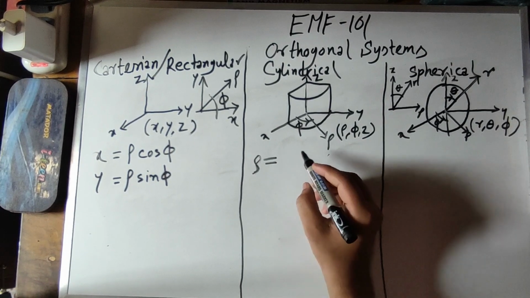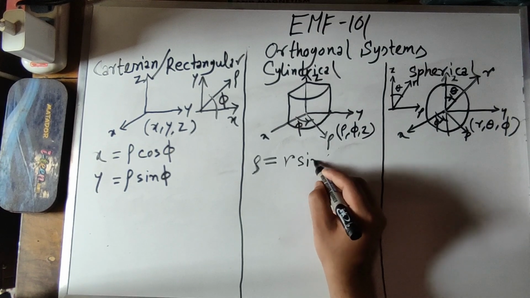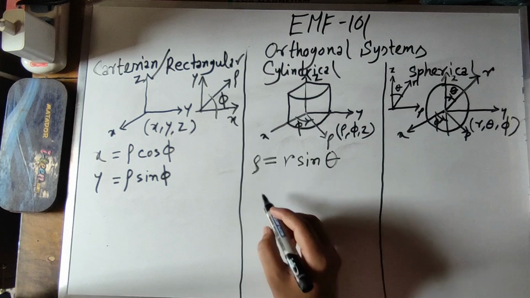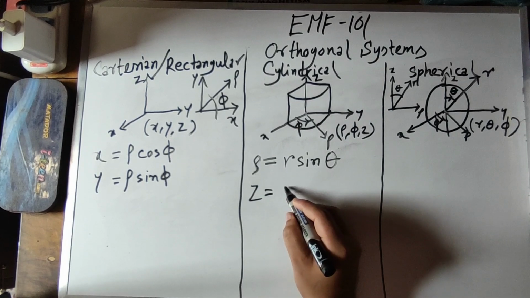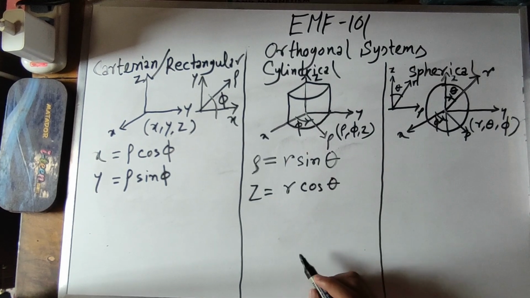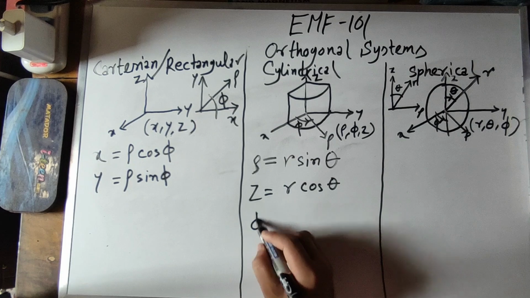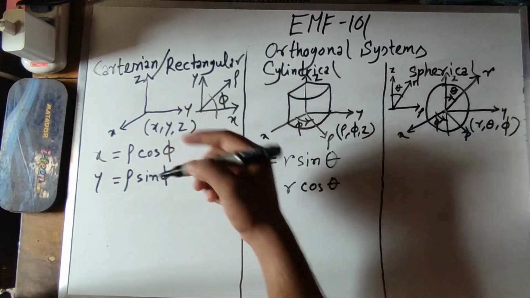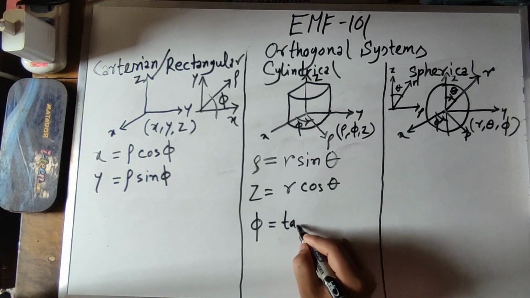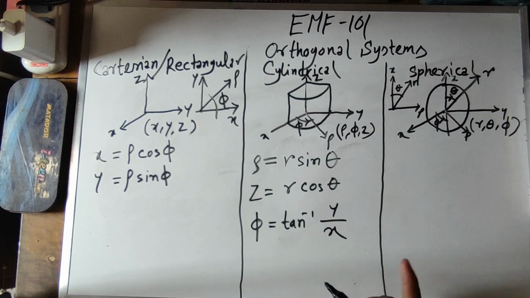Rho in terms of r can be represented by r sine theta, and z can be represented by r cos theta, and phi can be represented in terms of y and x, tan inverse y by x.